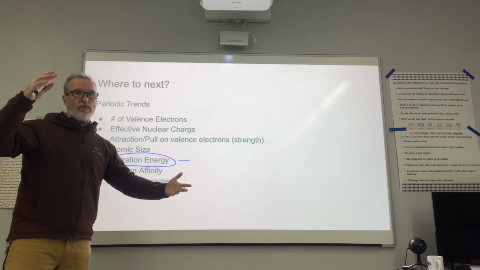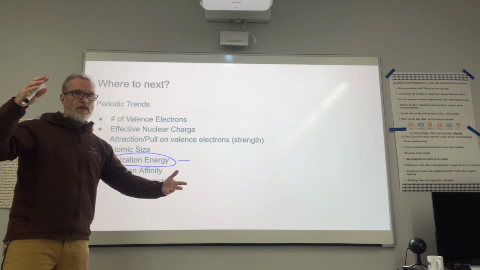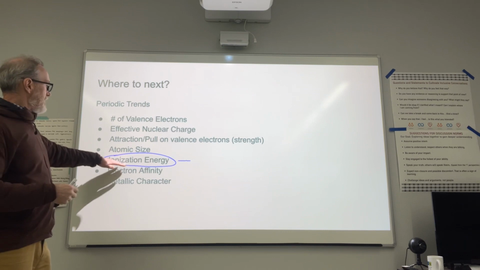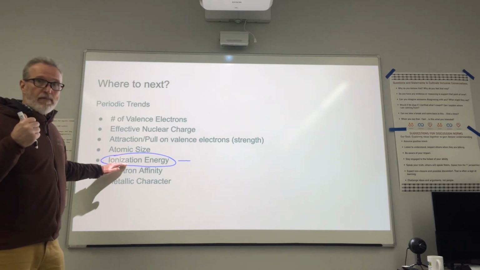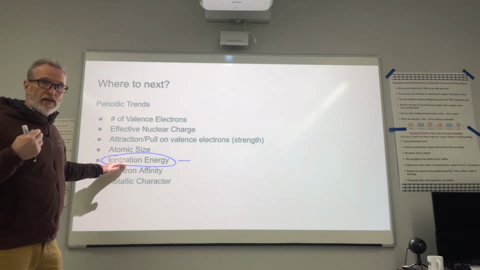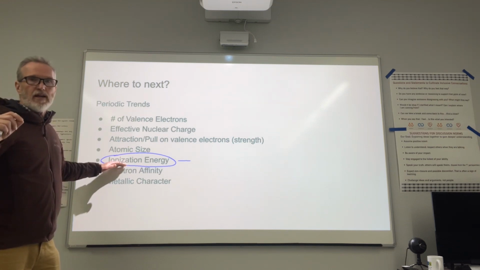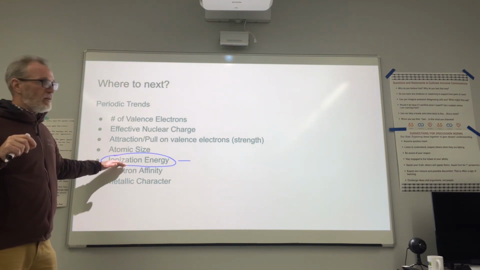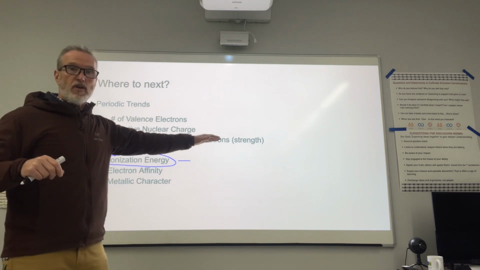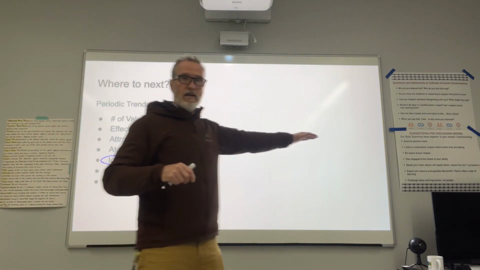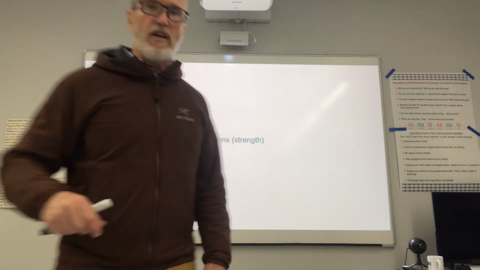So easier apples to pick off the tree. So we would expect alkali metals, which have a weak effective nuclear charge, to have lower ionization energies. It's easier to pluck away an electron from an alkali metal. As you go across to the noble gases, it becomes more difficult.